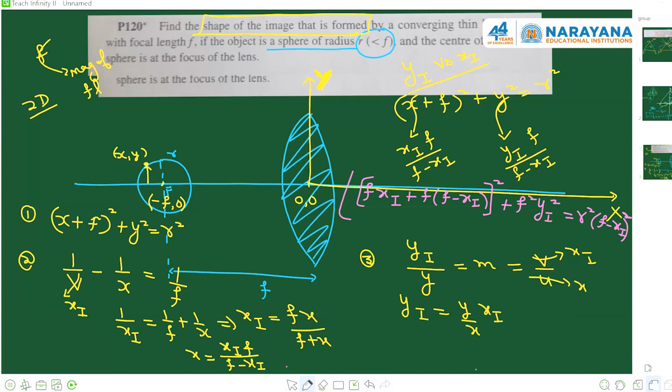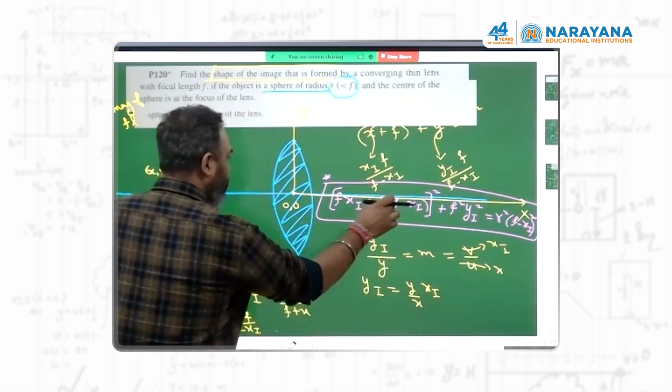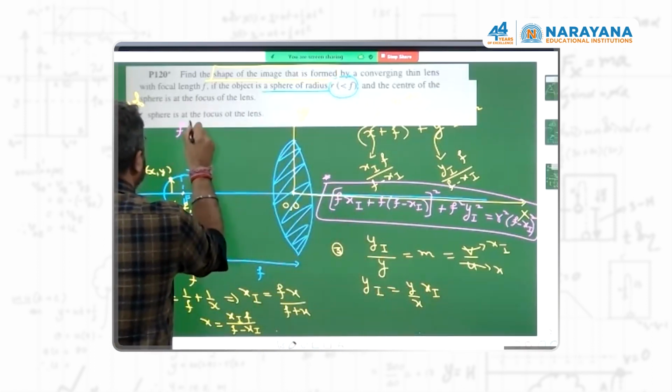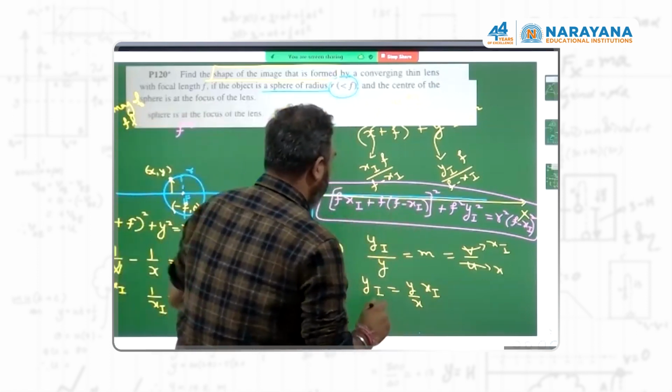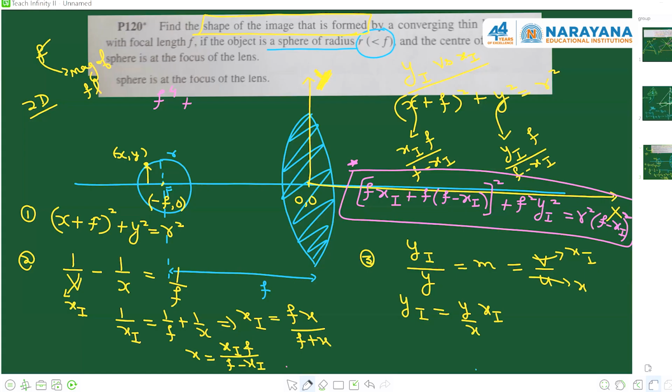Now just focus on this equation. This will help you out in finding out the locus of image. Just try to write it. It is f raised to the power 4, this term here, this box, plus f square y image square, and that is r square into xi minus f, this quantity, the whole square. Now if you try to compile this properly, you will get your equation. Actually, it comes out to be a hyperbola.